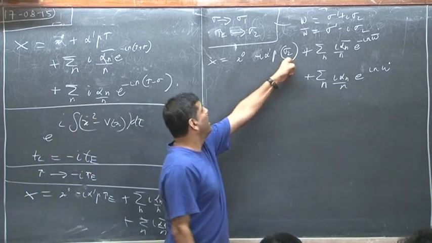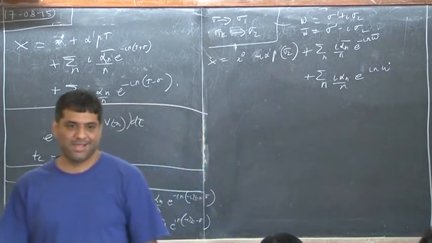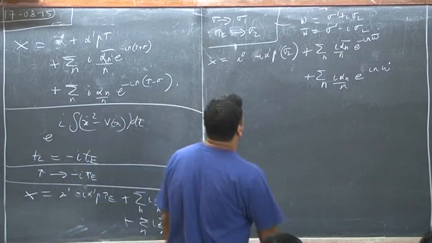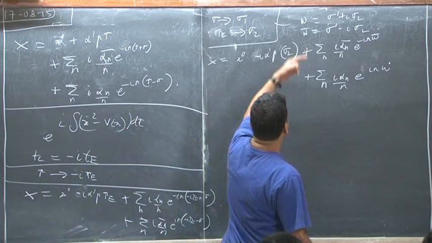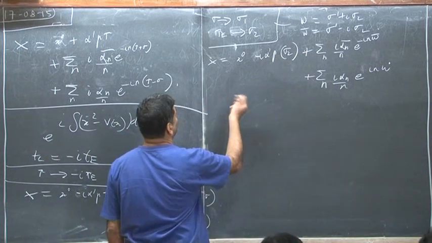Now we'll write the sigma 2 also in terms of W. So I sigma 2 is W minus W bar, so minus I sigma 2 is W bar minus W by 2.